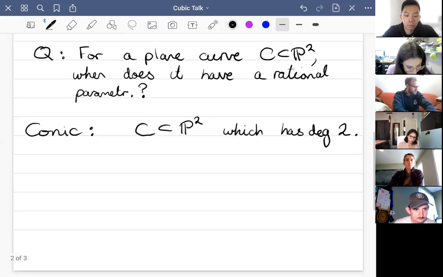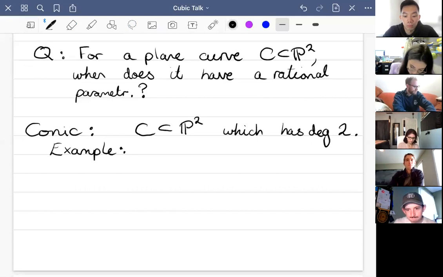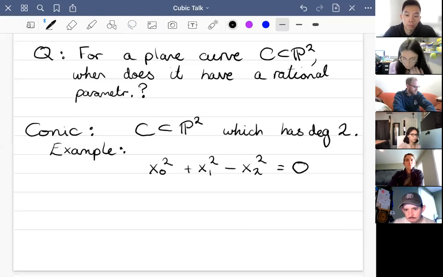For this, I'm just going to consider an example. Let's consider the curve x0 squared plus x1 squared minus x2 squared equals 0. So this defines a curve inside of P2.